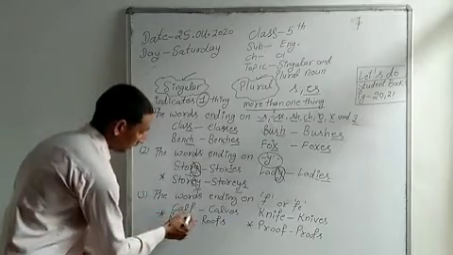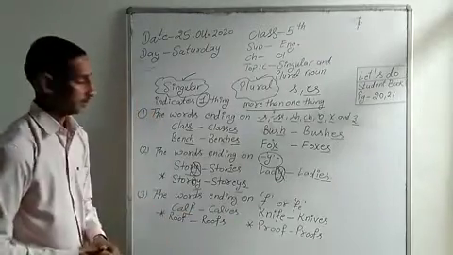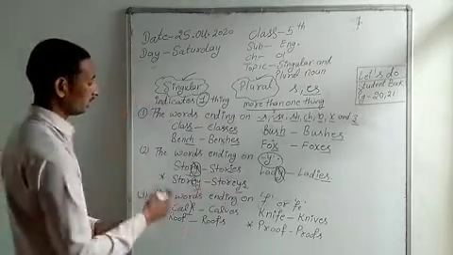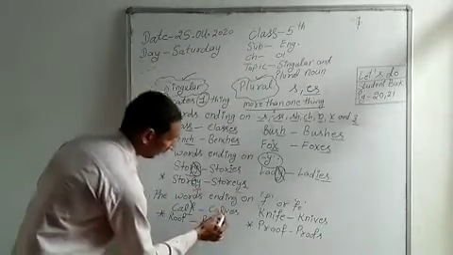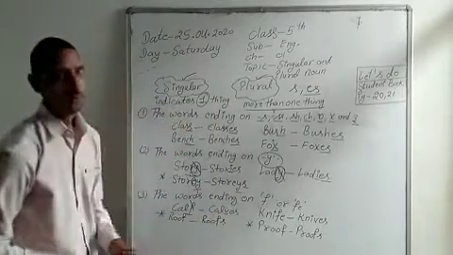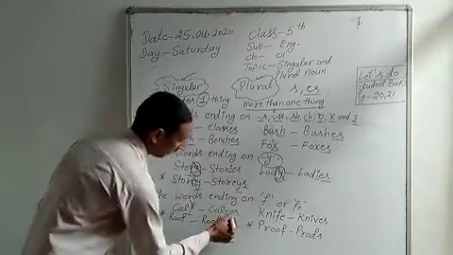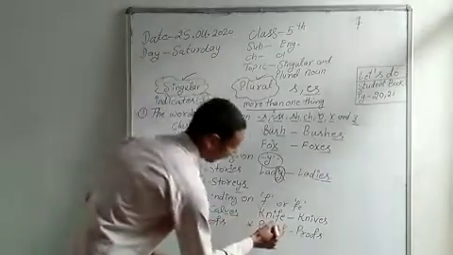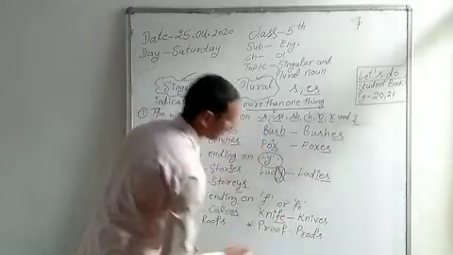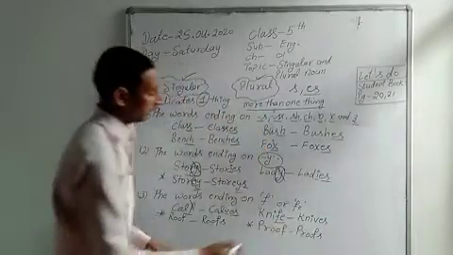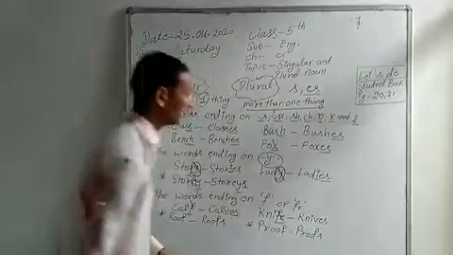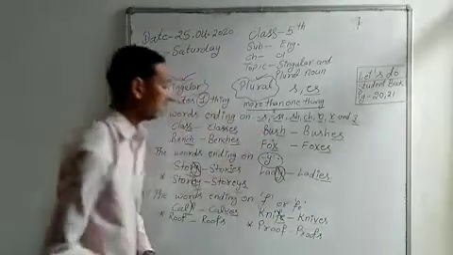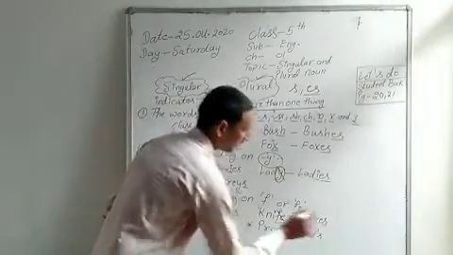If any word ends on f, we will delete f before changing it into plural, and then we will add v at the place of f, and then we will add es. If any word ends with fe, fe will be deleted, and at the place of fe we will add v, and then we will add es.